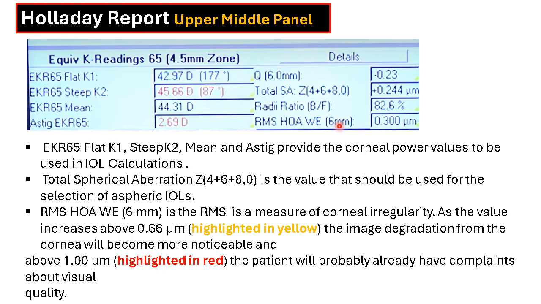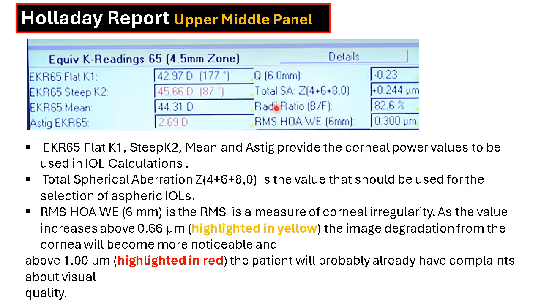So we cannot know the K reading that was present before the refractive surgery. But now, by knowing the back surface curvature, by a certain percentage, we can know what the curvature of the anterior surface of the cornea was before he underwent refractive surgery. This is called the back to front ratio.